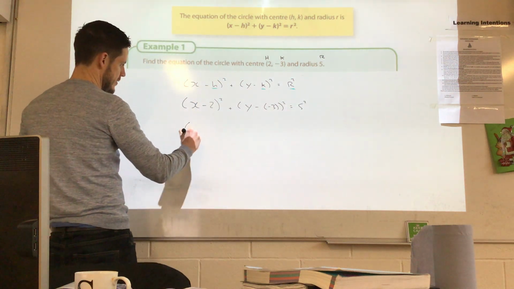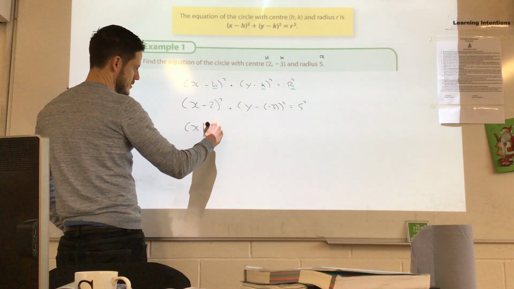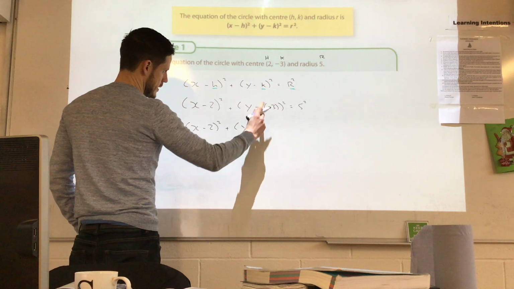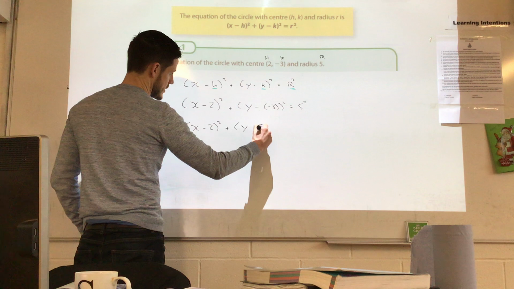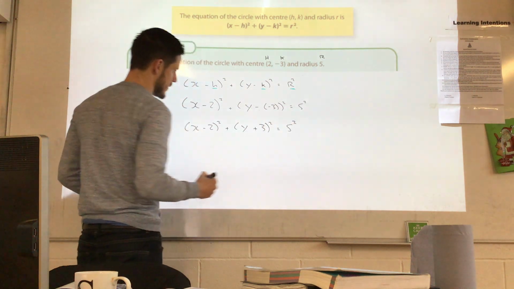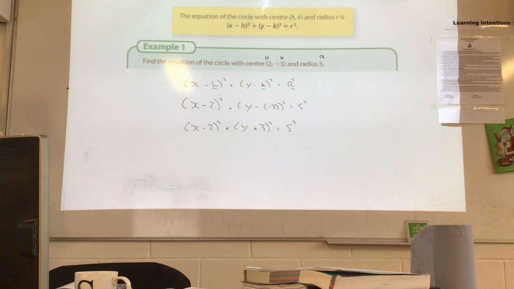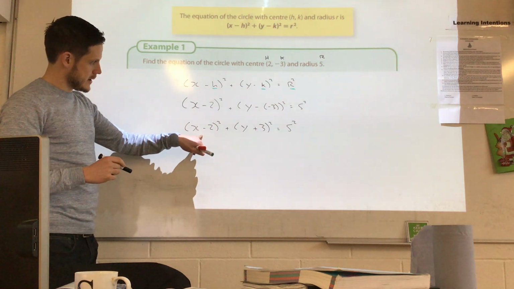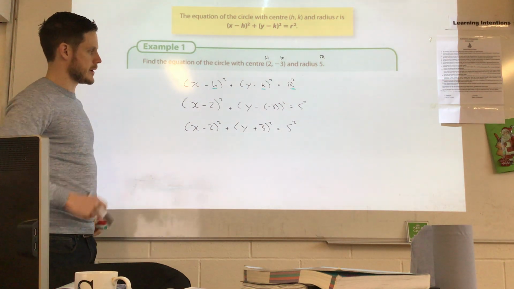So if I rewrite it, I get (x minus 2) squared plus (y minus, gives me plus 3) squared. It's all equal to 5 squared. And as you can see there, you've got the equation of a circle. And what we're not going to do here is multiply it out.